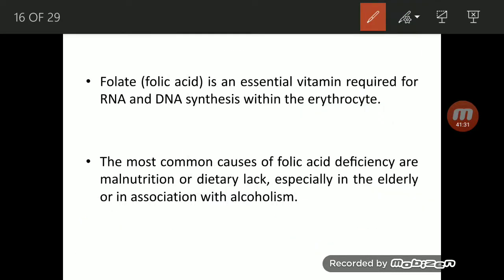And your most common causes for folic acid deficiency are malnutrition in dietary lack, especially in elderly or in association with alcoholism. All these things can cause deficiency in folic acid.